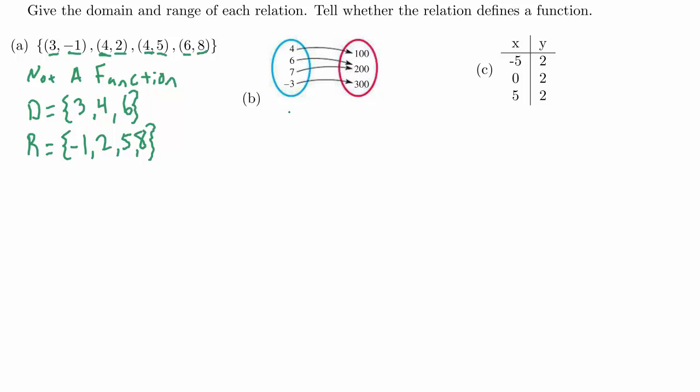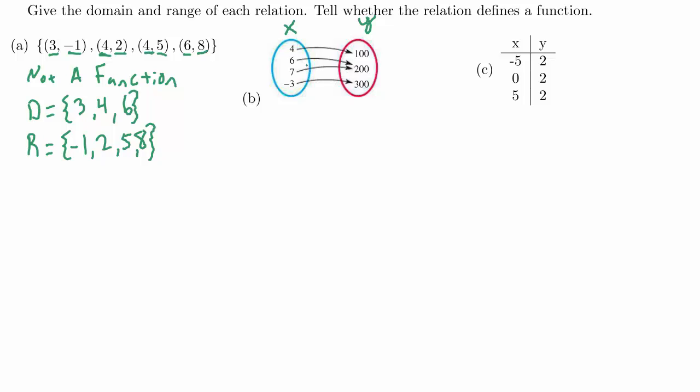Now let's look at B. B is kind of a bubble, and it allows you to see in a bit of a different fashion exactly what we're seeing on A, just in a different manner. So if you look at this, the first bubble are the X values and the second bubble are the Y values.